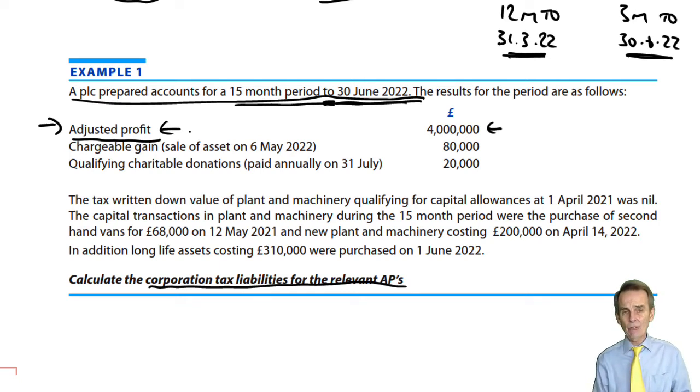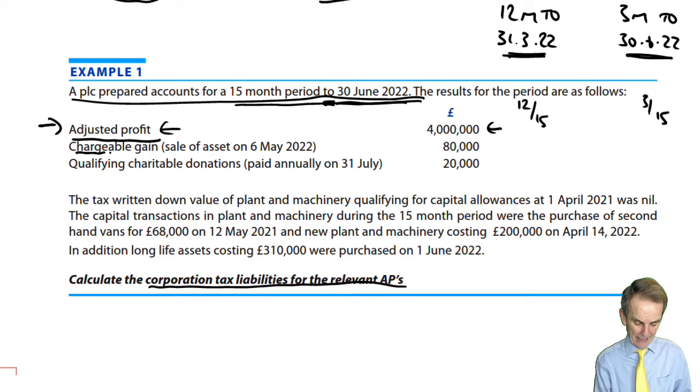We've taken out of the profit any non-trading income. This is just the adjusted profit, not the tax-adjusted trading income figure, because we're going to separately deal with capital allowances. So we've got 4 million, and we know that is going to be time apportioned. It's a 15-month period, so 12/15 and 3/15 respectively for the £4 million.